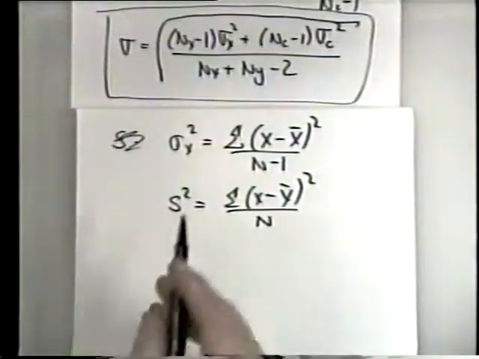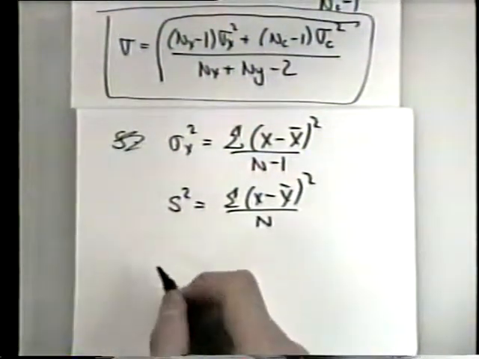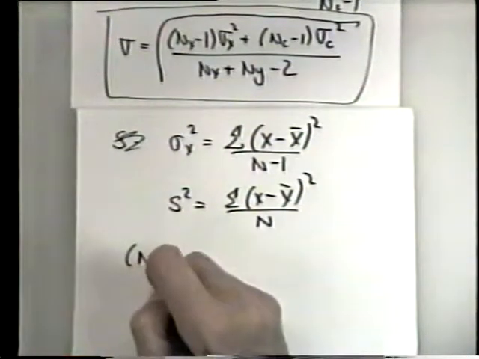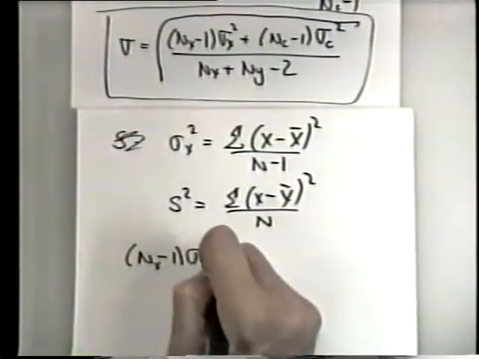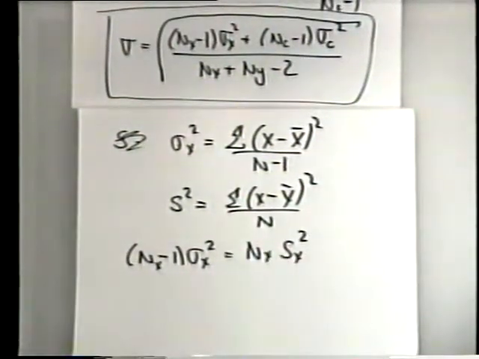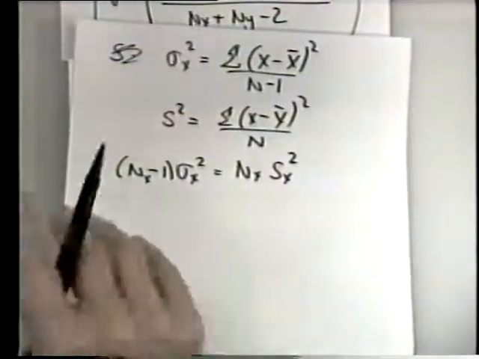So what we really need to know is that n minus 1 times sx squared equals nx times sx squared, and then we can rewrite sigma.